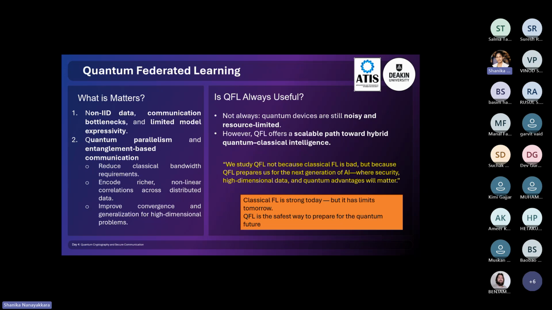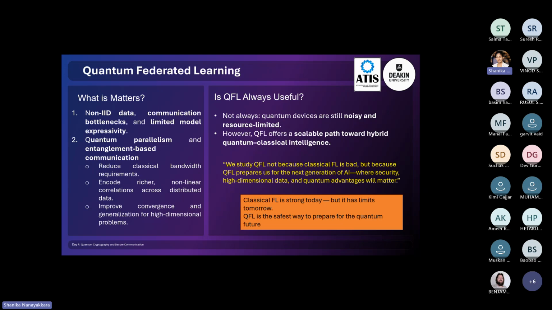Also, sending large classical models repeatedly causes communication bottlenecks. Classical models may have limited expressivity, especially given the complexity of the data and the patterns. So we need a better way to learn across distributed data. This is the motivation for QFL innovation.